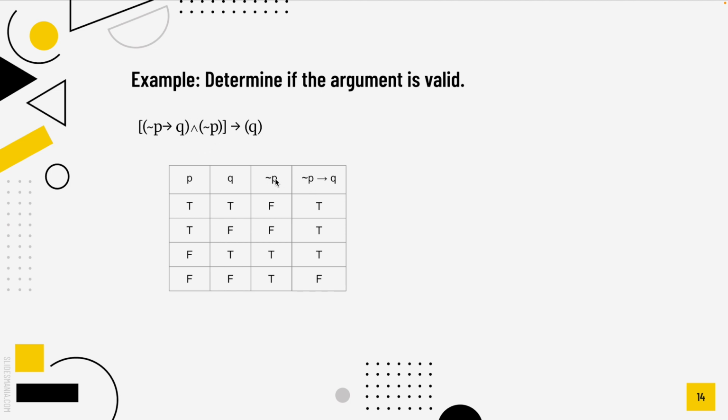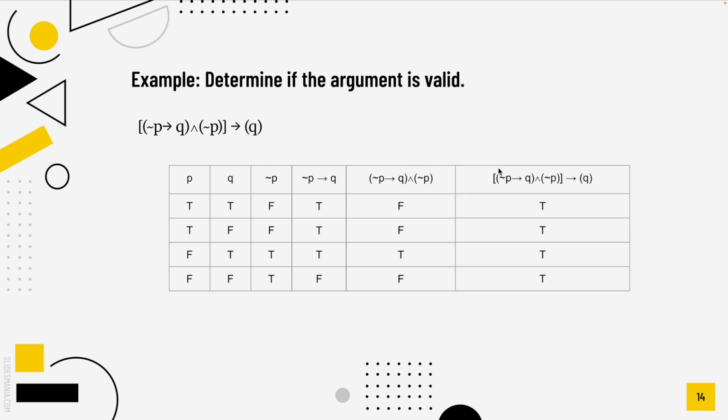So now I have a column here for not P and a column here for not P implies Q, and I'm looking at where they're both true, which is just this one here. And then I'm going to use this column and see if it implies Q. So wherever this is true, this must also be true. So it doesn't matter if they're false here, true and true is true. False, false is true. So because these are all true, then therefore that argument is valid.